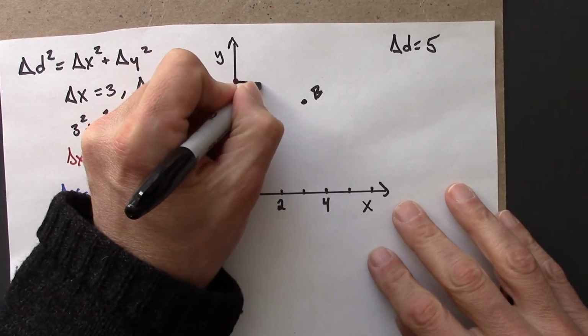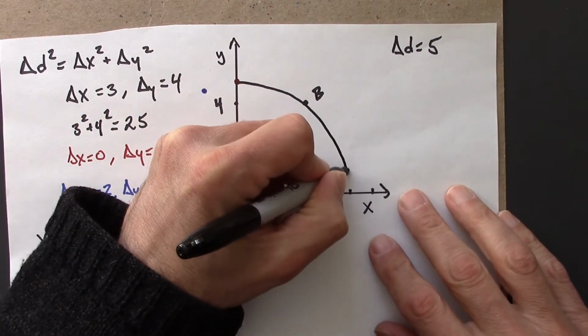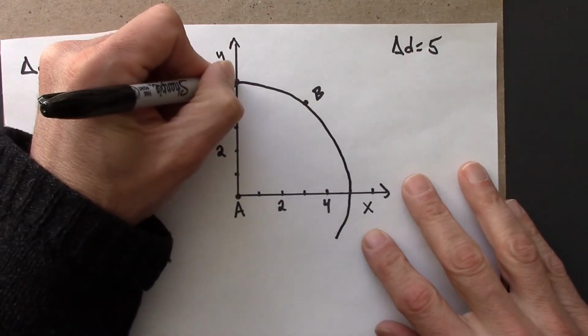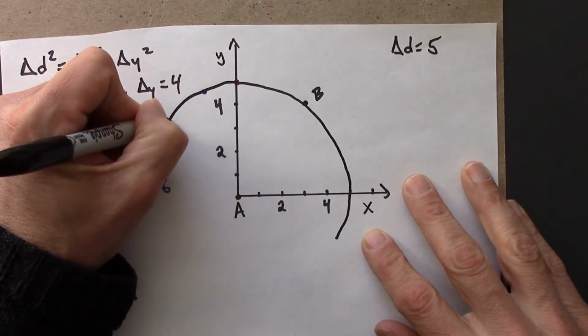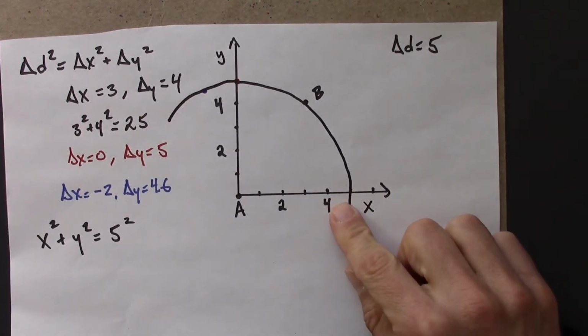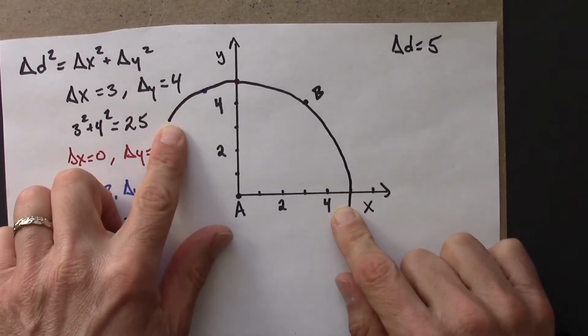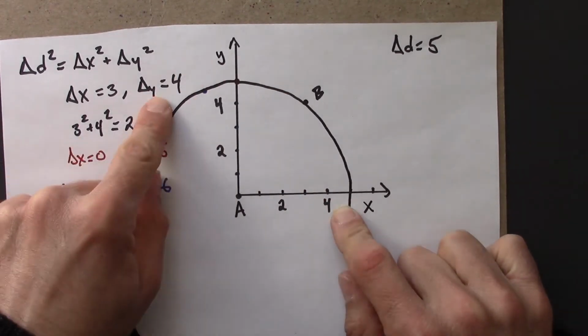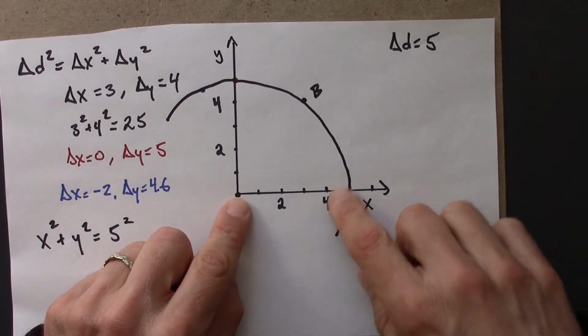So I'm going to attempt to draw that. So we would get a circle. For me, that's a pretty good circle that I drew. The moral of the story here is that we can think of a circle as being the set of all points that are equidistant from the origin. And in this case, the radius of the circle happens to be 5.